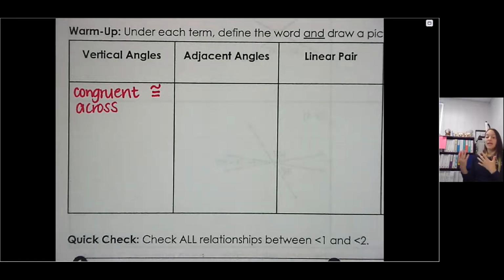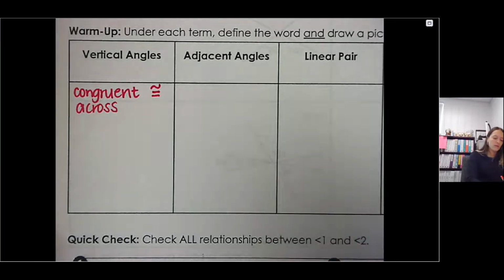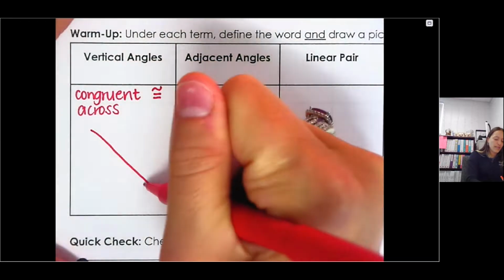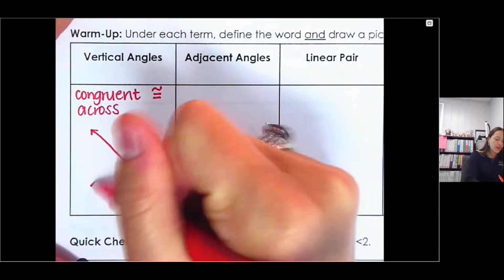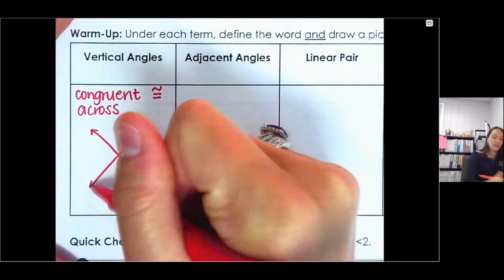What do they look like if I were to draw a picture of them? You can describe it to me. Yes, Lena. Two lines, an X. Okay. So two angles essentially making an X, and then where are they located on that X?